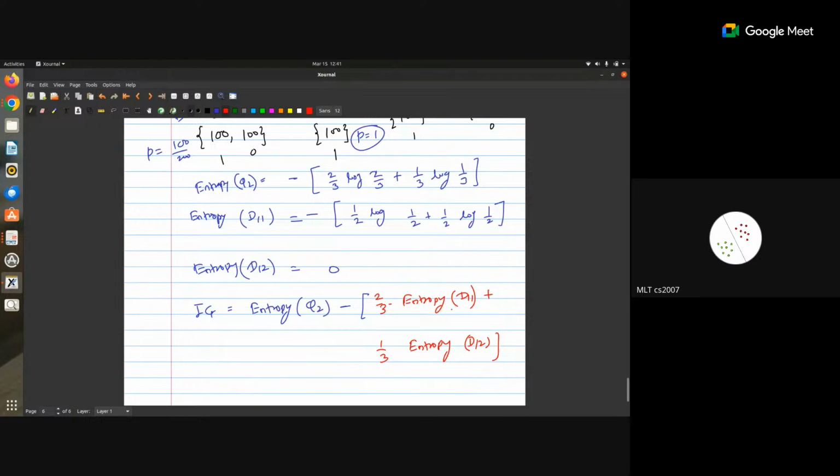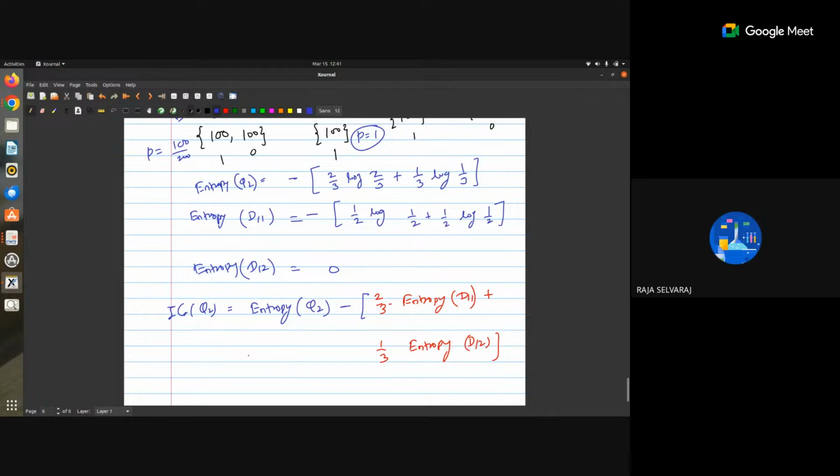So this is basically entropy of Q2 minus this. So this is the information gain at Q2. And if this is a positive quantity, that means we are actually going in the correct direction. I hope that is okay.